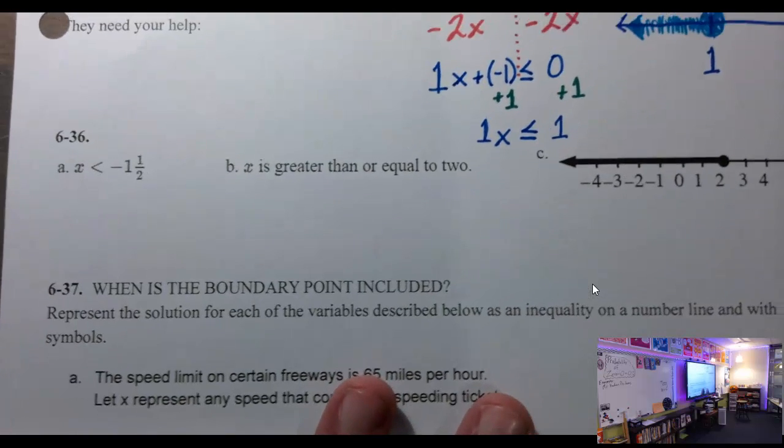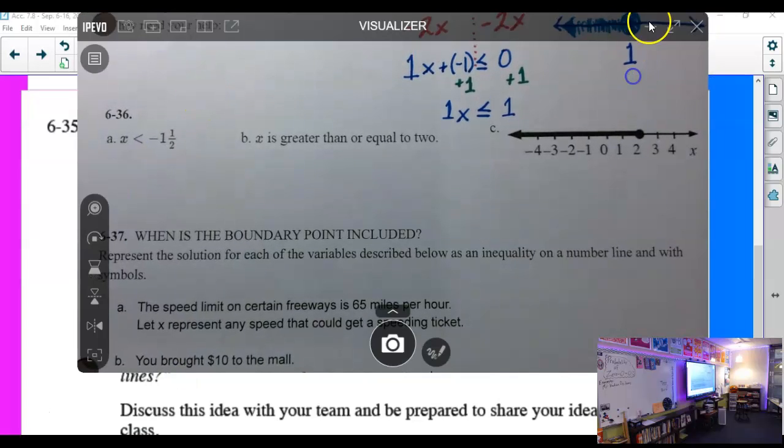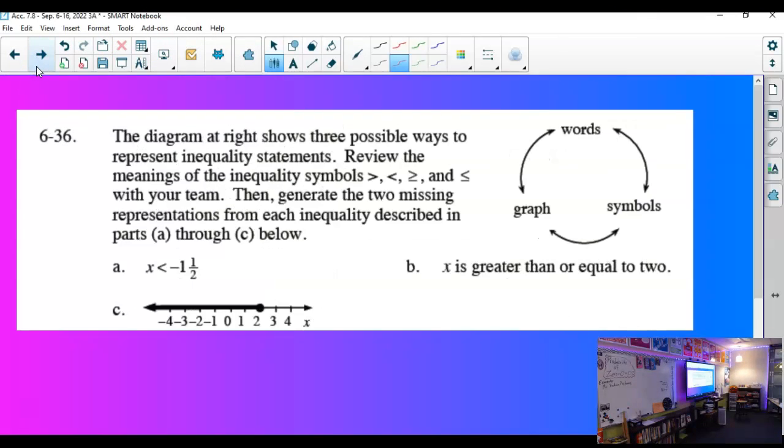Would somebody like to come up and draw the inequality number line? Actually, I guess I should probably use cards. Liam Slingsby, would you like to come up and draw the number line for A? Annabelle? Whichever you want, honestly, since you're first.